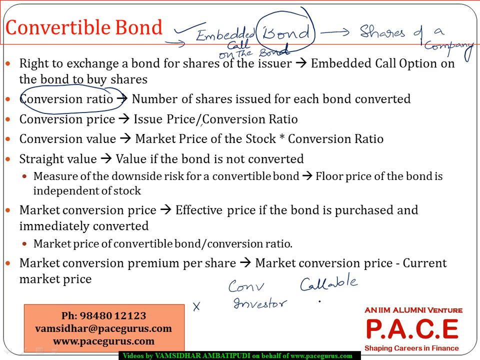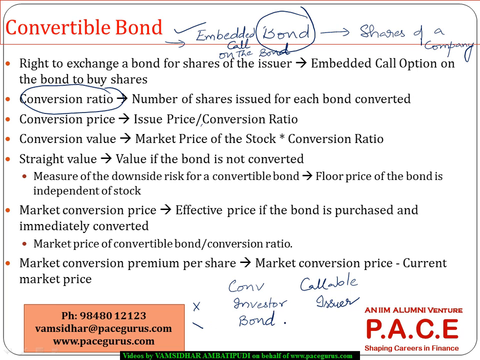Whereas when we are talking about a callable bond, the right to buy back the bonds lies with the issuer. So there is one key difference between these two. And when I am looking at a convertible bond, the conversion happens with respect to the bond.